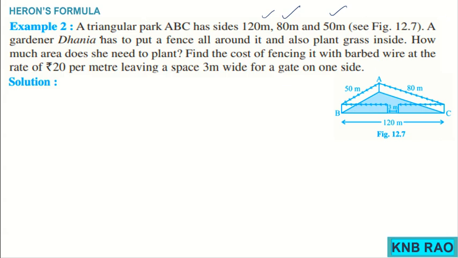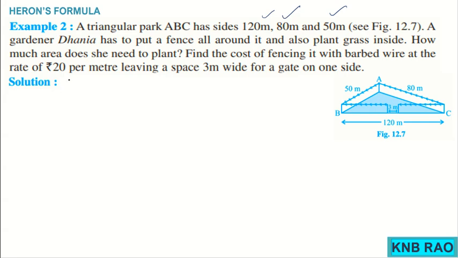A gardener, Dania, has to put a fence all around it, and also plant grass inside. How much area does she need to plant? Find the cost of fencing it with barbed wire at the rate of 20 rupees per meter, leaving a space 3 meter wide for a gate on one side.